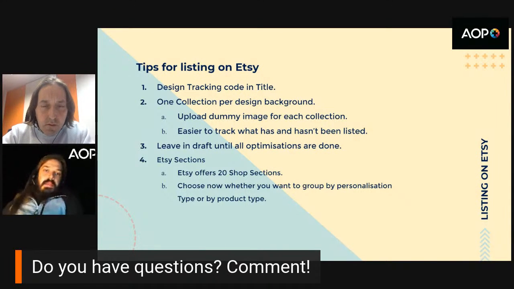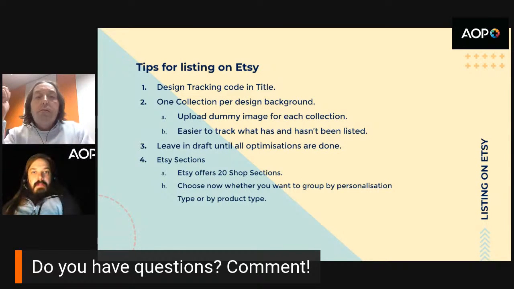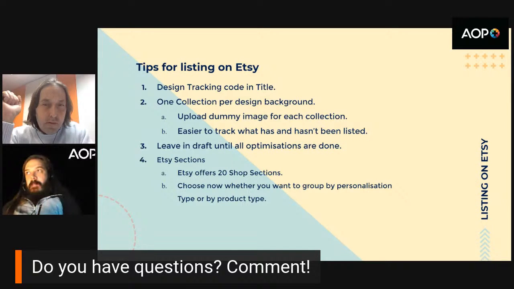We found a lot of sales from clicking on one listing and then the customer buys another. So it's very important to make it as easy as possible for your customer to find whatever relevant products you have that are similar to each other, whether that's different product types or similar personalization options. So someone clicks on your socks because they're getting married and they like the idea of these wedding personalized socks.